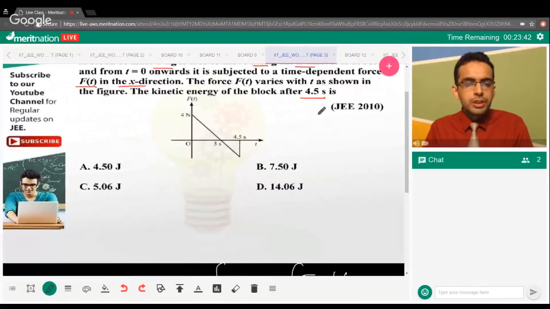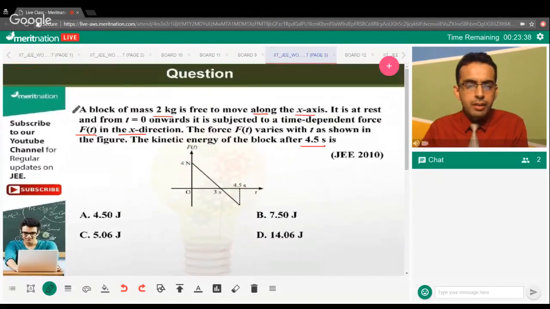So let's come back here. Students, you can see that in the given question, it is initially at rest. That means the initial momentum is equal to 0.